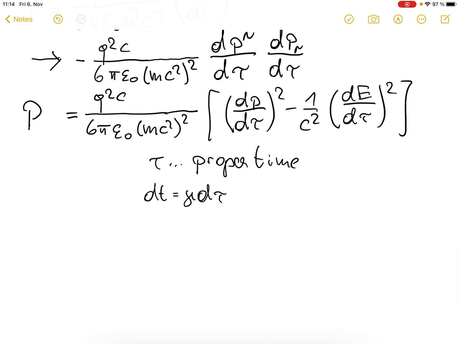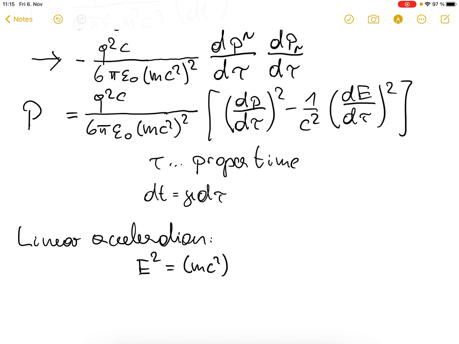One is linear acceleration. This is computed using a little trick. For linear acceleration, I write down the formula for the energy squared: E squared equals m c squared squared plus p squared c squared. That's the energy-momentum relation for our accelerated particle, and I differentiate this with respect to tau.